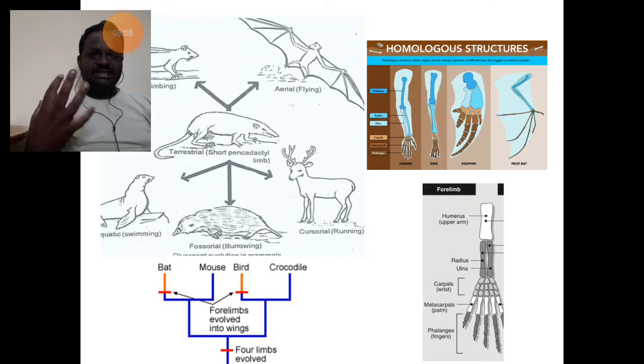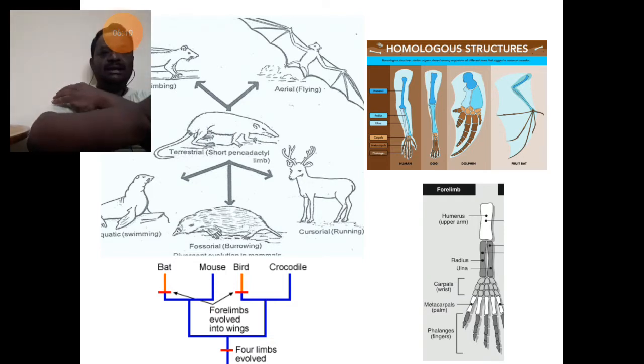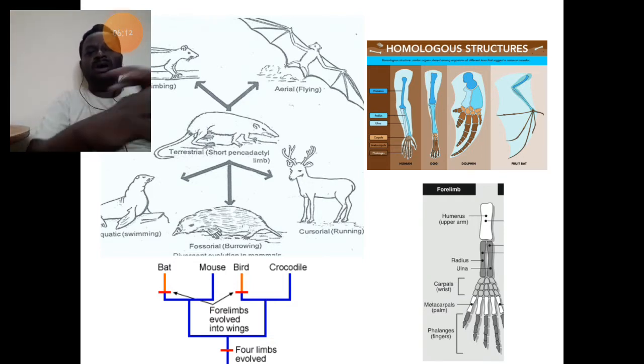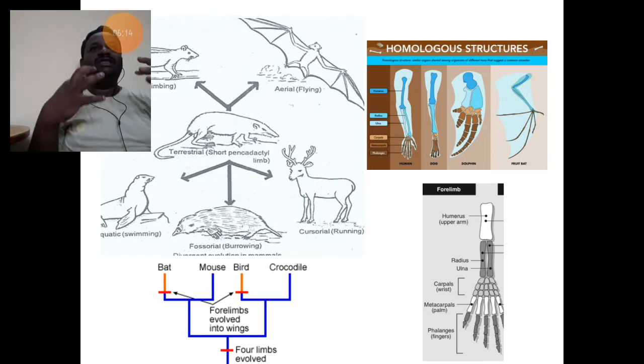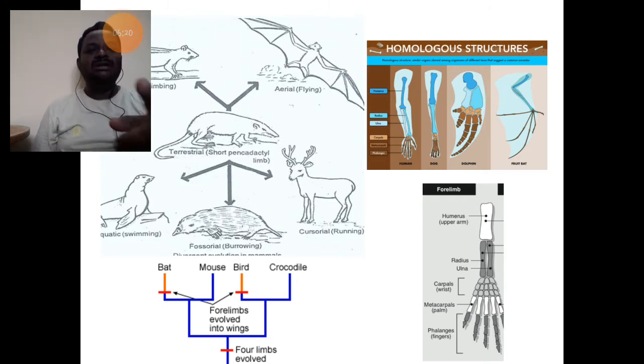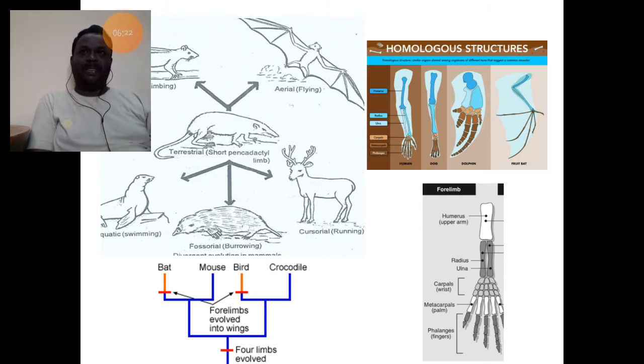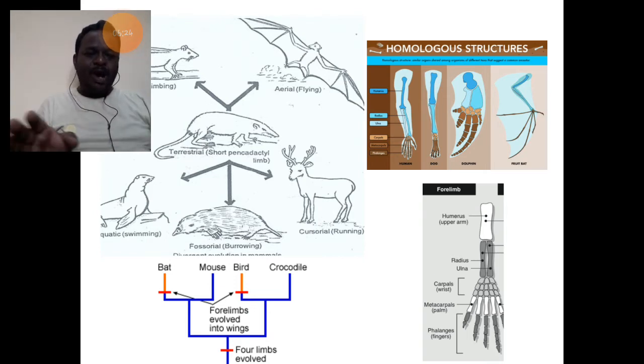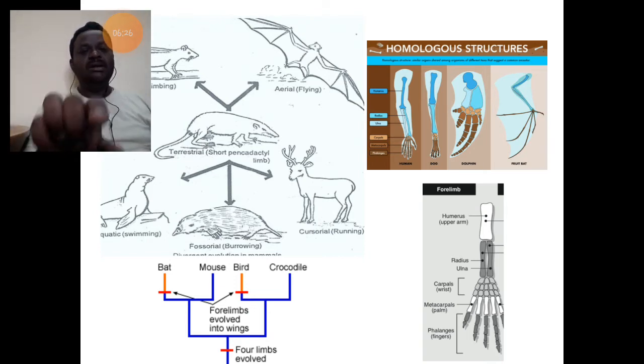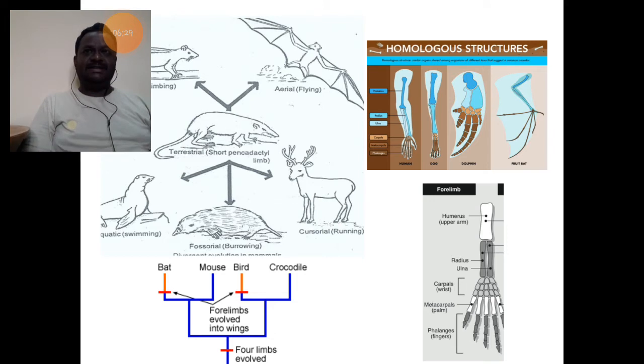So forelimbs are nothing but the frontal limb structures. So these paired forelimbs are totally changed into or modified into the structures called as flippers. So flippers are the locomotory organs for the dolphins as well as whales, which comes under the mammalian group, okay.